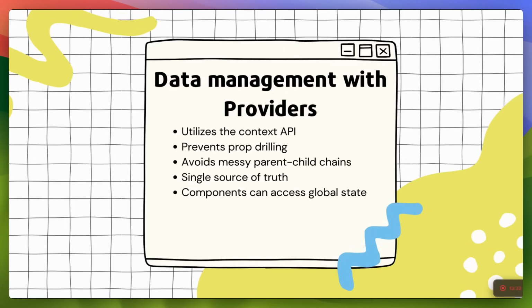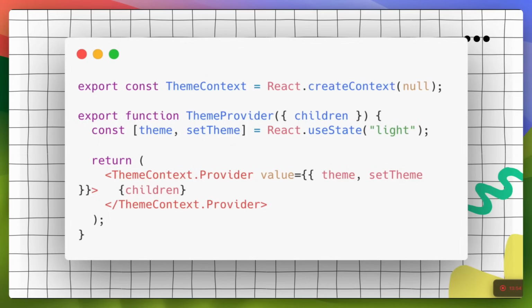And with this design pattern, your components can directly access global states without needing to depend on parent components and increasing the work required for achieving anything in your components. So let's explore this with a code example.